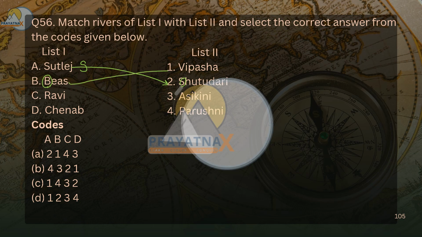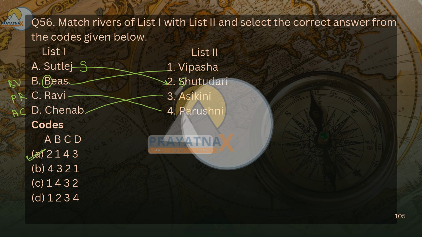Now Ravi had a public relation with someone. Who was it? It was River Parushni. PR. Now Chenab River was related to AC. So it was Asikni. So the correct answer for this would be number A.